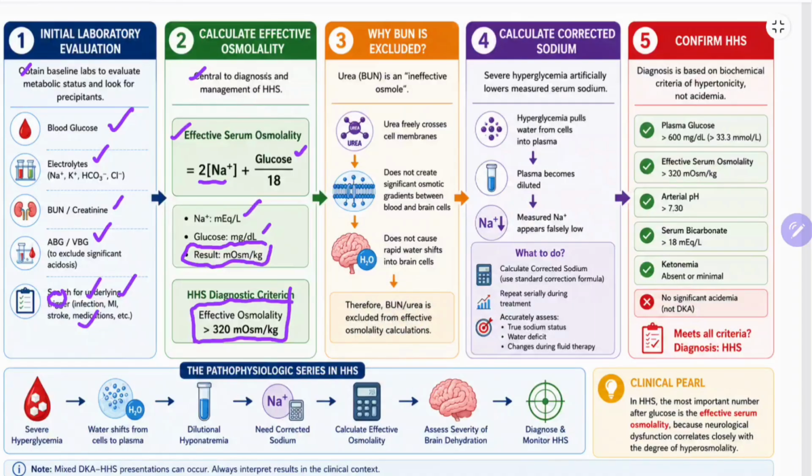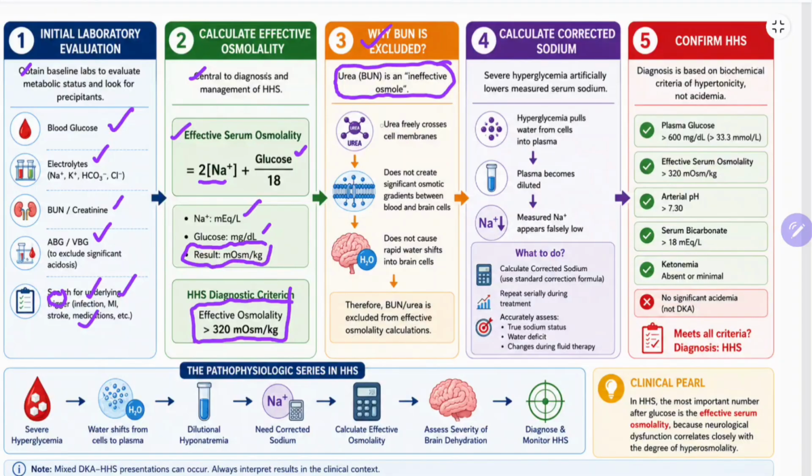Now the next thing is that we are not including BUN, blood urea nitrogen, here. Why is BUN excluded? Urea is an ineffective osmole, so BUN is excluded. It is an ineffective osmole, meaning it will not raise the effective tonicity of blood.